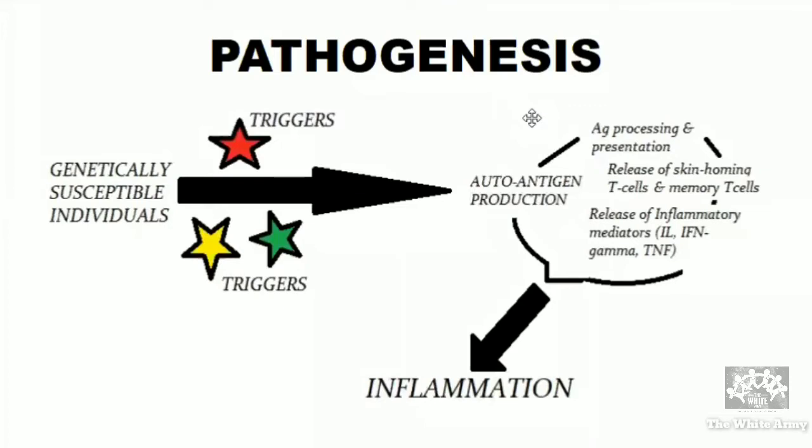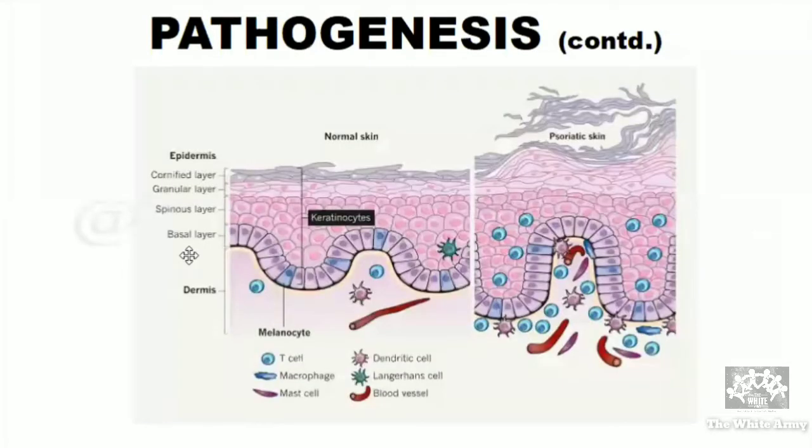They come into the skin and they release the inflammatory mediators like interleukins, TNF alpha, and interferon gamma, etc., and they cause inflammation. Okay. So when there is inflammation, obviously there is increased vascularity, and also these inflammatory mediators stimulate the proliferation of the basal cell layer.